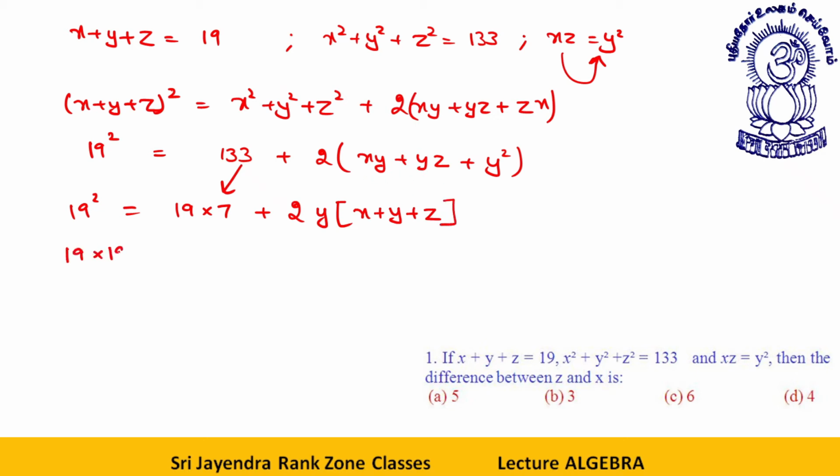So this is 19 into 19 is equal to 19 into 7 plus 2 into y into 19. So what do I observe now? If I take a 19 common, 19, 19, 19 cancel, 19 is equal to 7 plus 2y. Next, I get 12 is equal to 2y, or y is equal to 6.